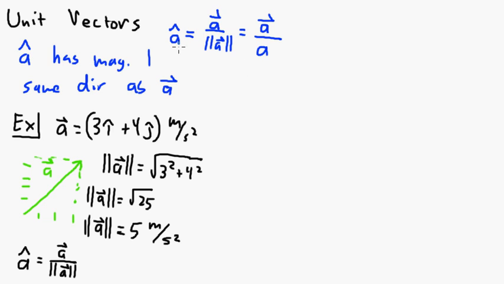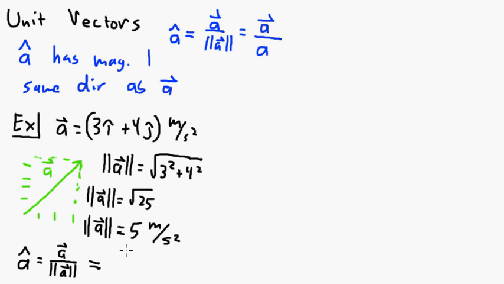Sometimes you will want to find an A hat from an A vector, and so you can use this. Sometimes you will have an A hat in an equation, and it actually makes more sense to bring this out so you can do some math, because you might have A handy, but you might not have A hat handy. We'll see that as we get into gravitation. So A hat is this A vector divided by the magnitude of the A vector.